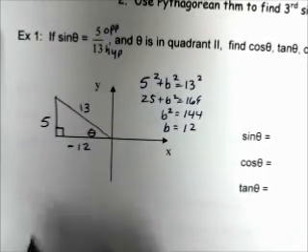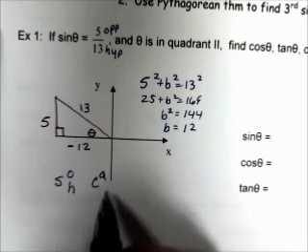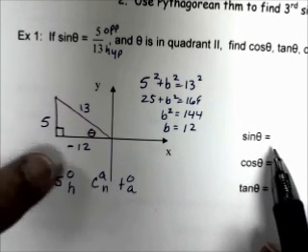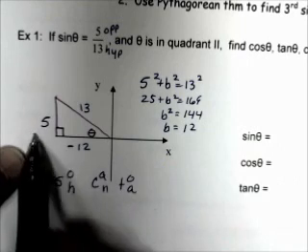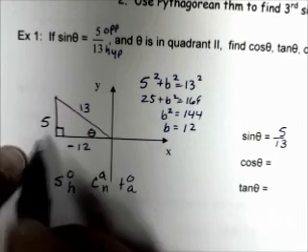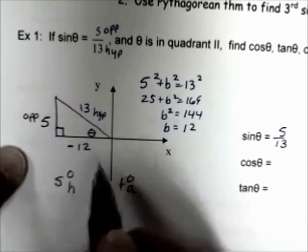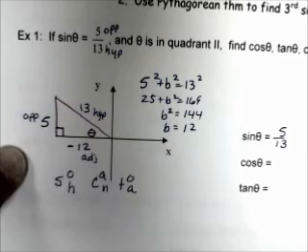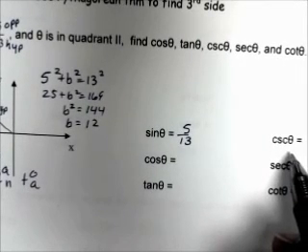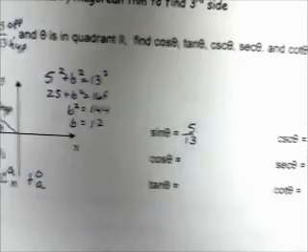Okay, so now we're just following SOHCAHTOA. The sine of theta, well, that was actually given to us. Opposite over hypotenuse, 5/13. And if you need to, write hypotenuse, opposite, and adjacent, if you find that helpful. Cosecant would simply be the reciprocal of sine, so that's 13 over 5.